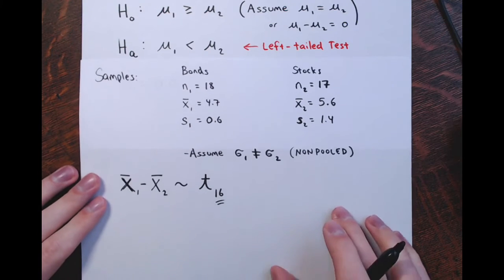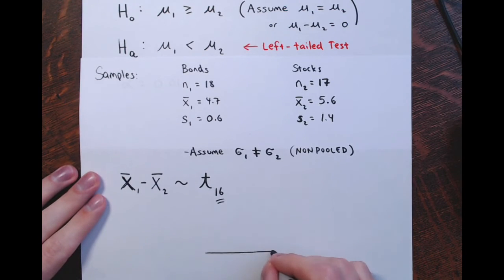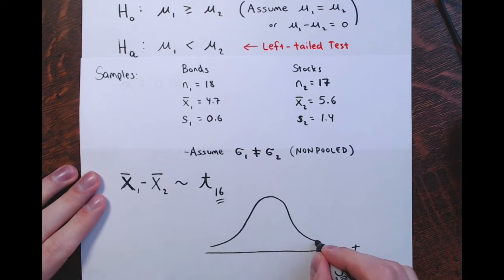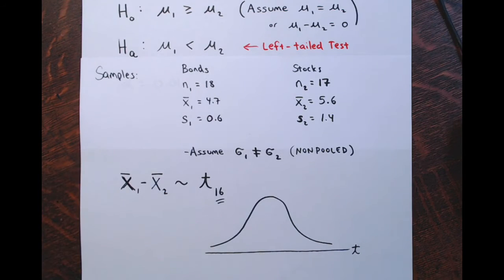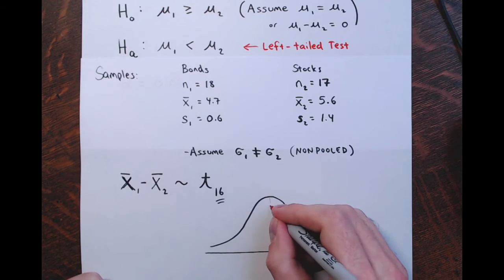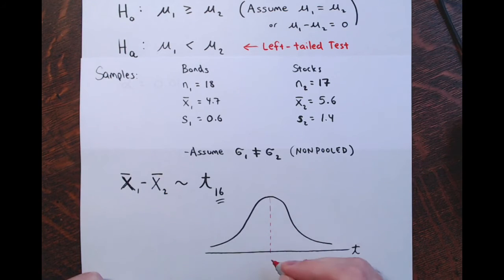And I'll draw this. Here's an axis with t-scores. Got the symmetrical bell shape. The t-score under the peak is 0. And now what I'm going to be looking for is, where is my test statistic?